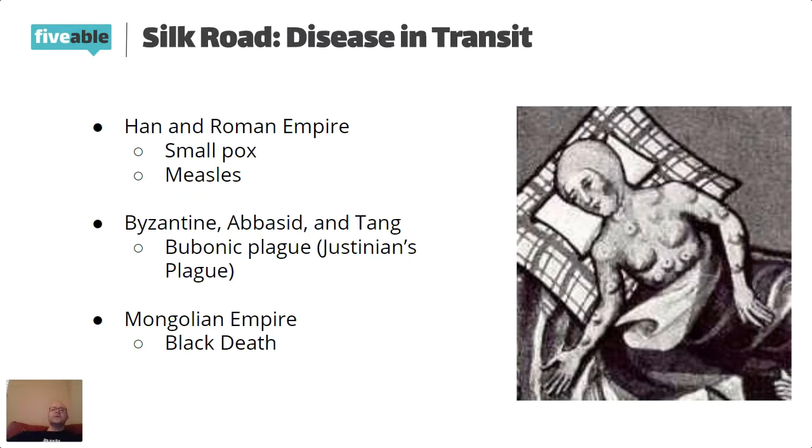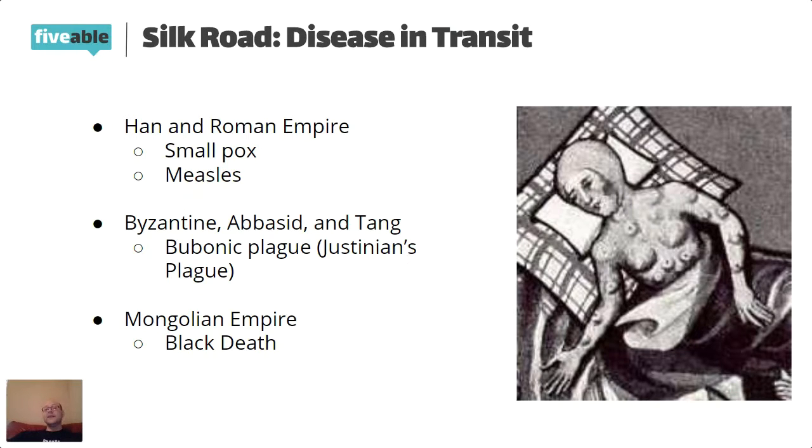Okay, so there's disease also that goes along with the Silk Road. And disease is important because it satisfies the interaction part of SPICE. So remember, you've got the social, the political, and then the I in SPICE is for interaction. And interaction can be with the environment, and it can also be with disease.